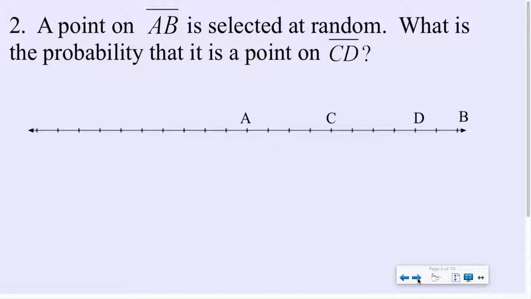Try number 2. A point on segment AB is selected at random, what is the probability that that point is on CD? Probability, what you want over the total possible.